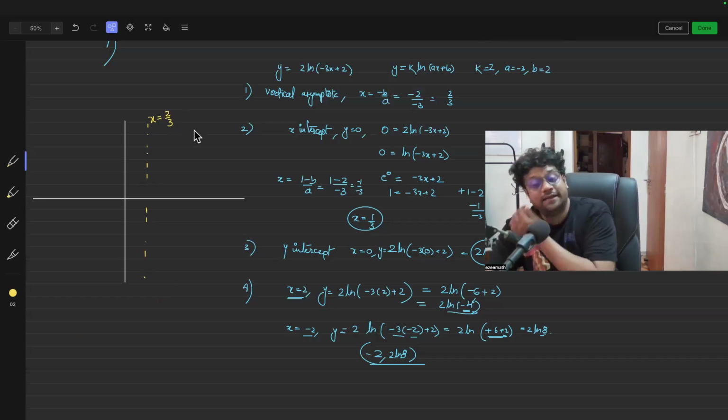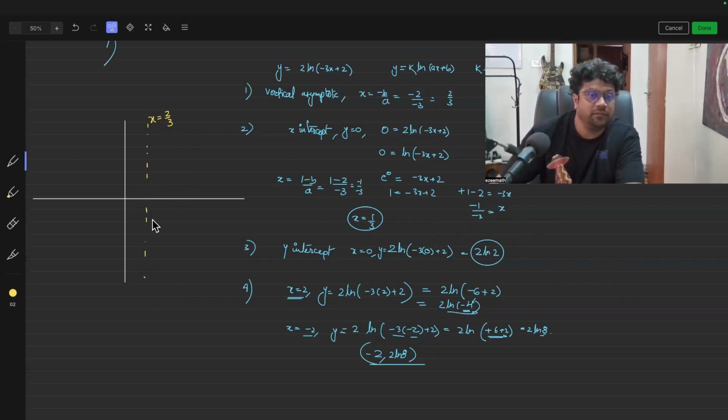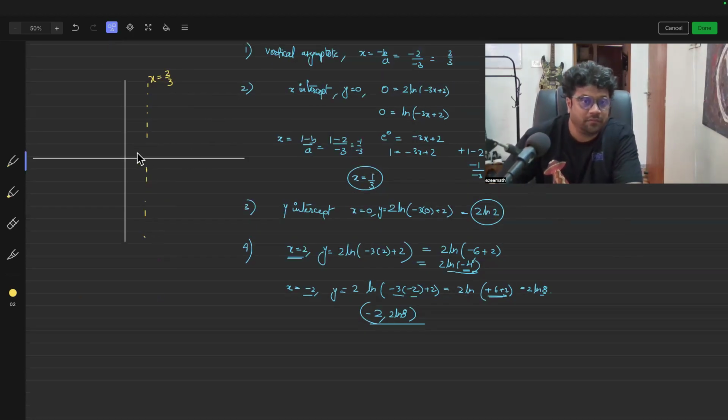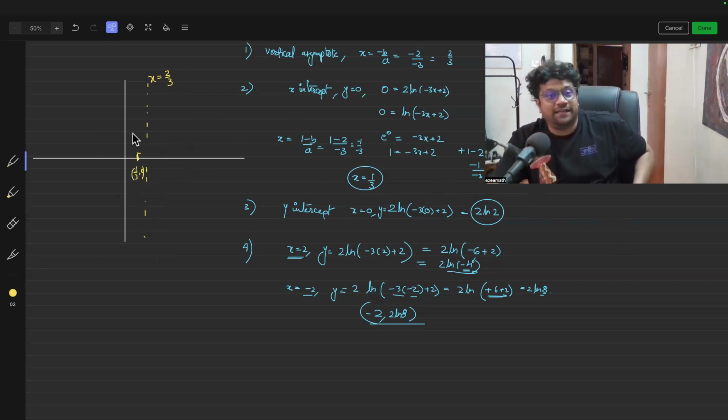And then the x-intercept was 1 by 3. 1 by 3 is going to be here somewhere. Okay. 1 by 3 comma 0. And I also know that the y-intercept is a positive number, 2 ln 2. And I also know at negative 2, this guy is 2 ln 8. So somewhere there it will be.